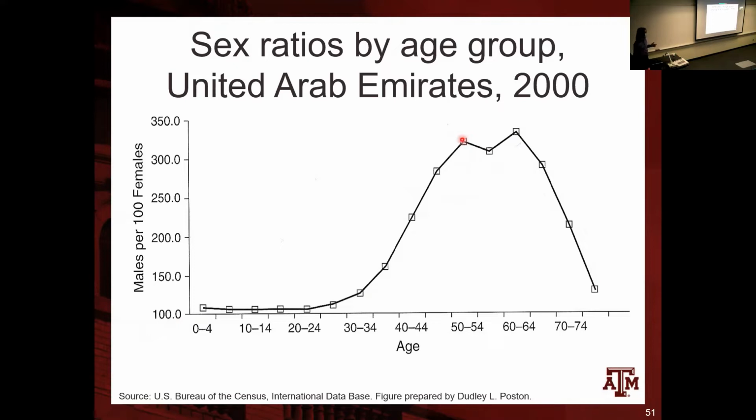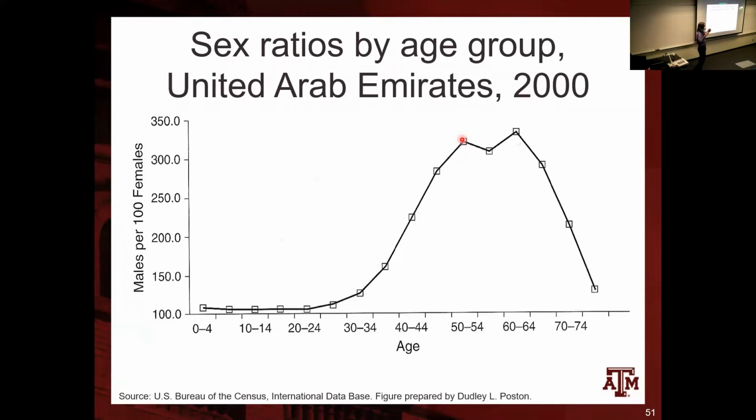I mentioned before that for South Korea, the really high sex ratio in younger ages is related to a preference for boys being born. Why do you think that in the United Arab Emirates the sex ratio does the opposite and increases so much around labor ages, with many more men in the society than women, and then declines afterwards? Because that's a country that needs a lot of immigrants to work in its oil industry.